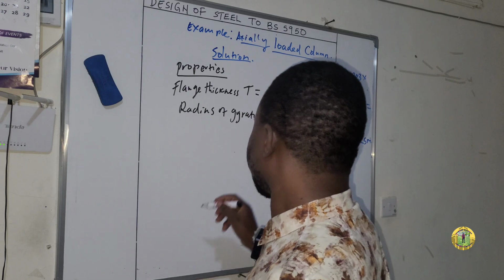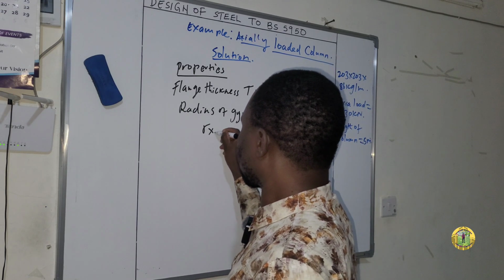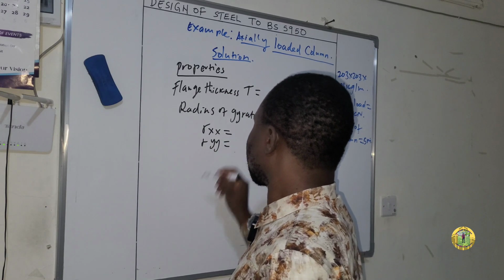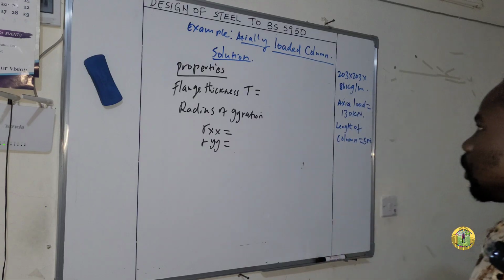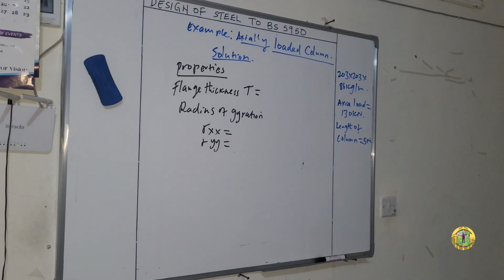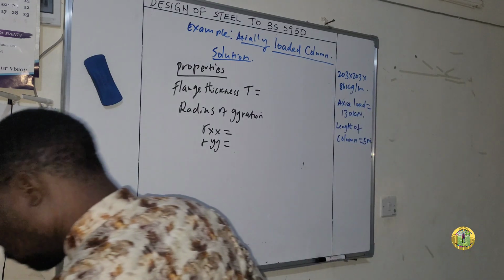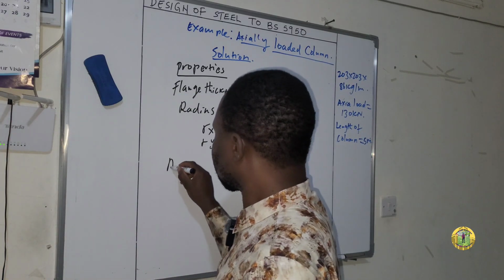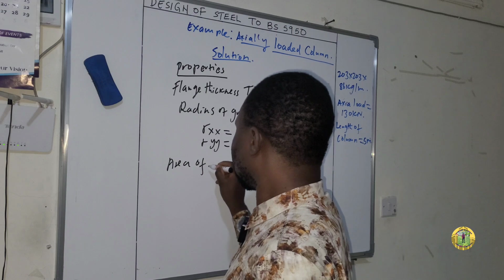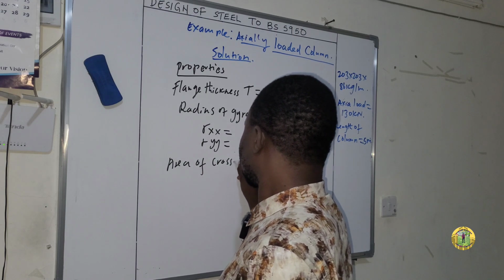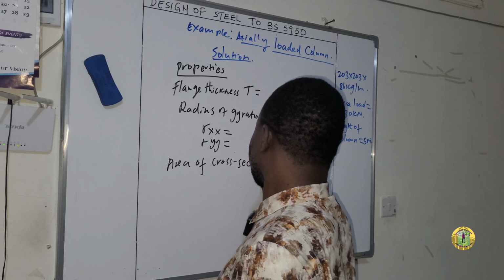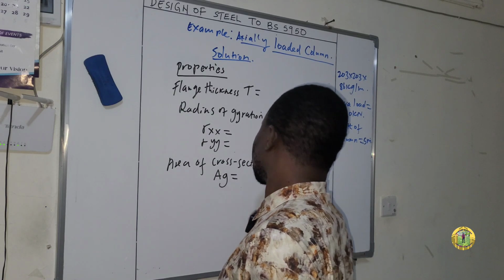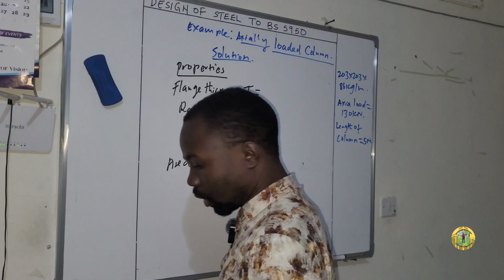So under radius of gyration, we have Rxx and Ryy. Again, we have the area of cross section, which is AG, like that.